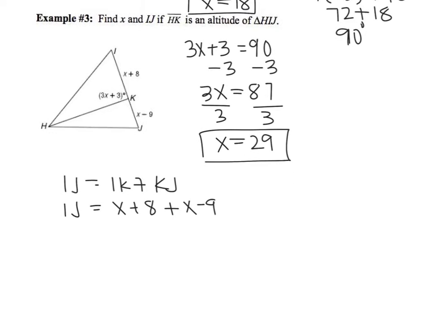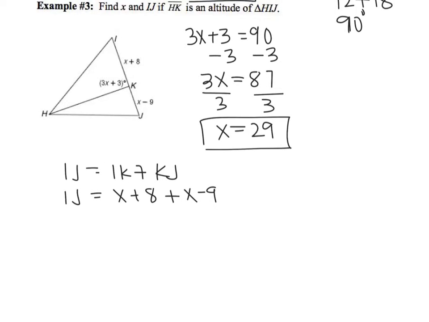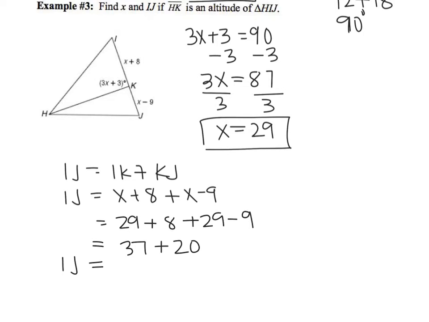And if we replace the x's with 29, we get 29 plus 8 plus 29 minus 9. 29 plus 8 is going to give us 37. 29 minus 9 is 20. So the length of IJ is 57.